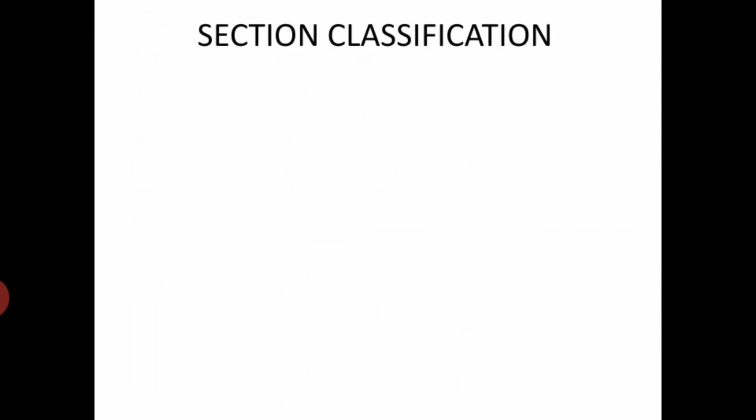In the section classification in IS 800 2007, the cross sections are placed into four behavior classes, depending upon the yield strength and the width to thickness ratios of the individual components.